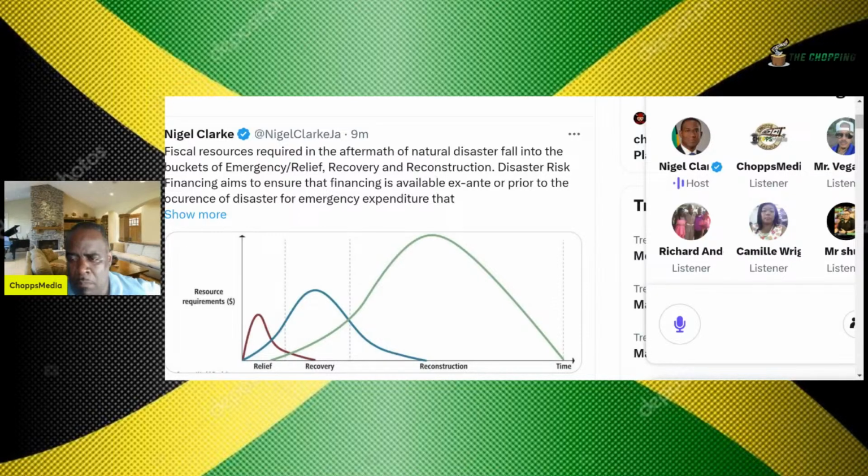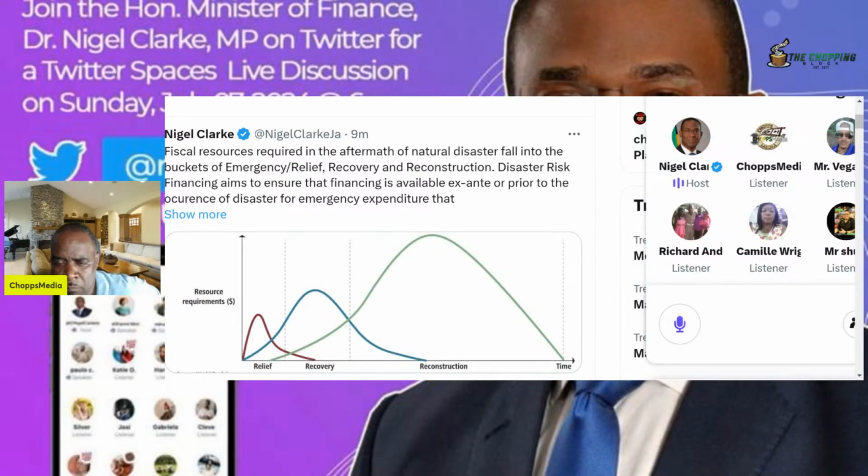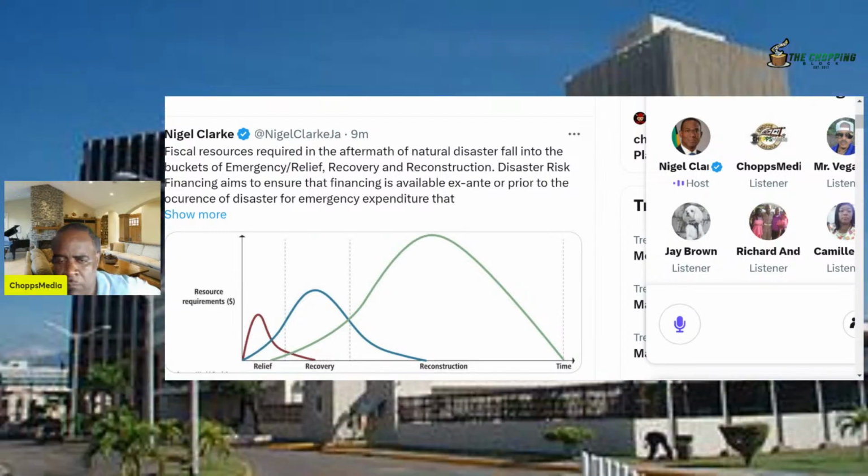Then you have the elements of your quadrant that you want to transfer to either insurance markets or to capital markets. And Jamaica has the Caribbean Catastrophe Reinsurance Facility, which is a parametric insurance. And by parametric, what we mean is it's model based.